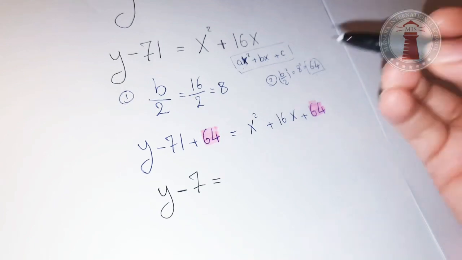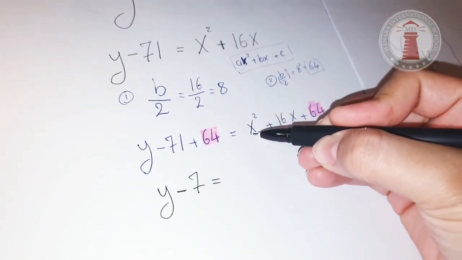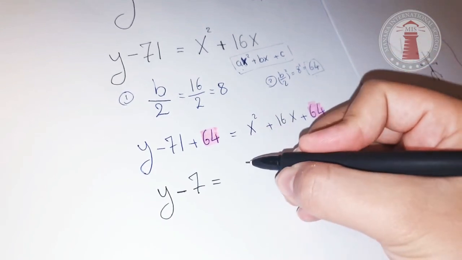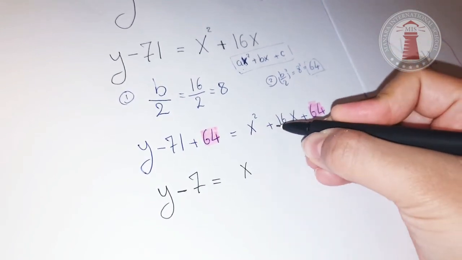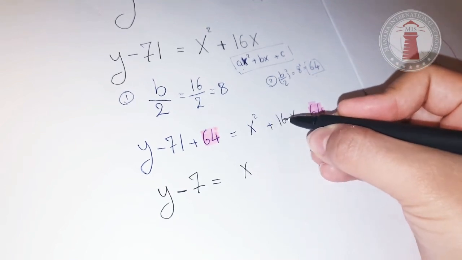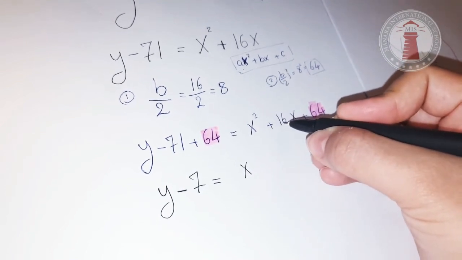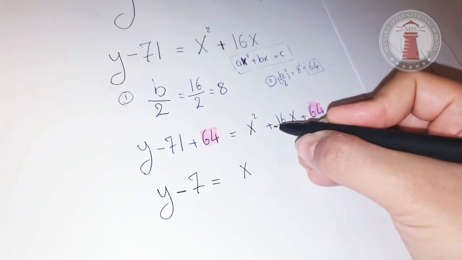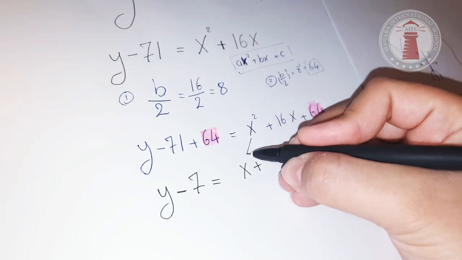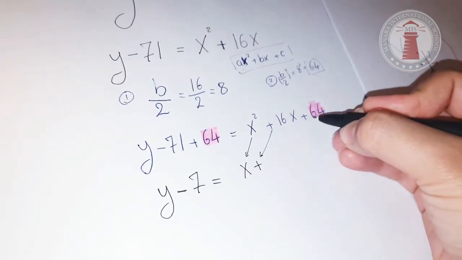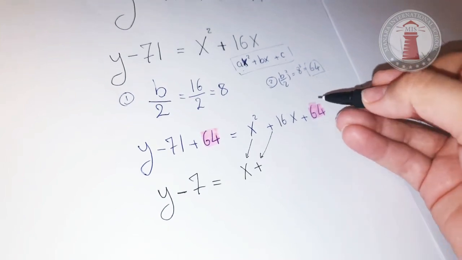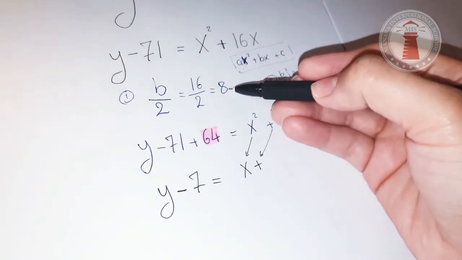We can do this by, first we take x, just 1x from x squared, and then we take the sign of the coefficient of x, the original coefficient of x, which is plus. We're just going to put plus here, and then we take the square root of 64, which means we're just going to step back to 8.